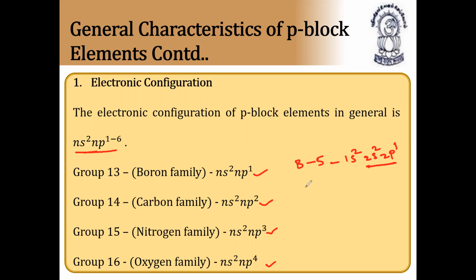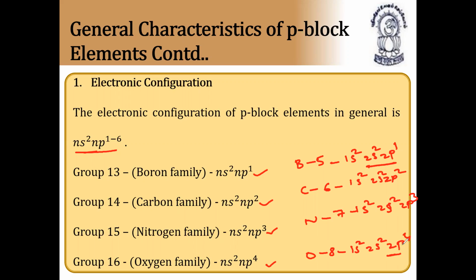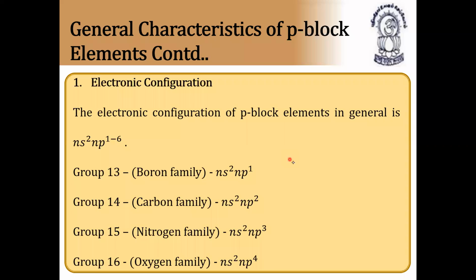Carbon, atomic number 6, is 1s2 2s2 2p2. Nitrogen, atomic number 7, is 1s2 2s2 2p3. Oxygen, atomic number 8, is 1s2 2s2 2p4, so ns2 np4. Similarly, the 17th group has ns2 np5, and the 18th group has ns2 np6 except for helium.